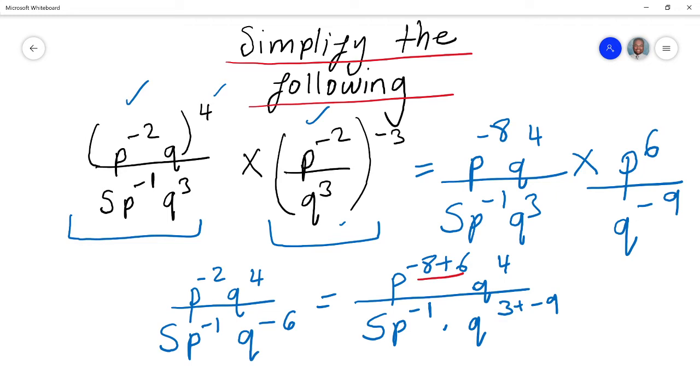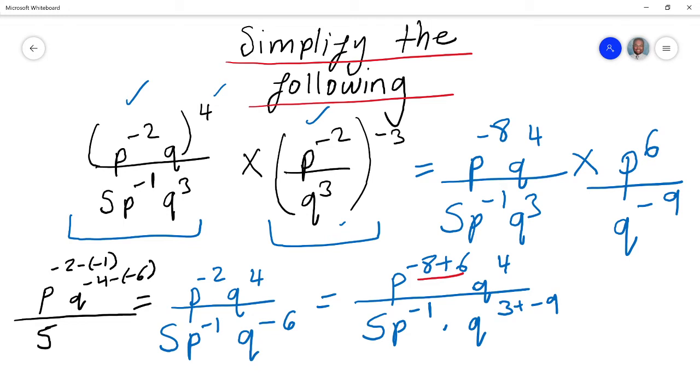We can now simplify this a little bit further, and p now becomes p to the power negative 2 minus negative 1, and that's going to be q to the power 4 minus negative 6, over 5.